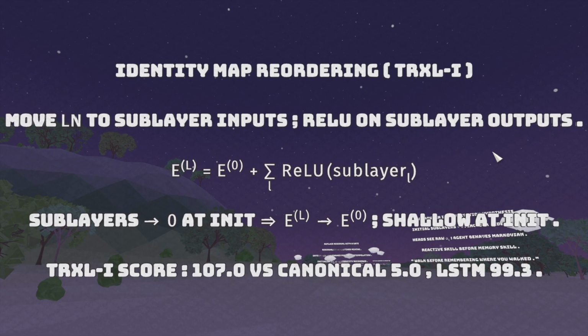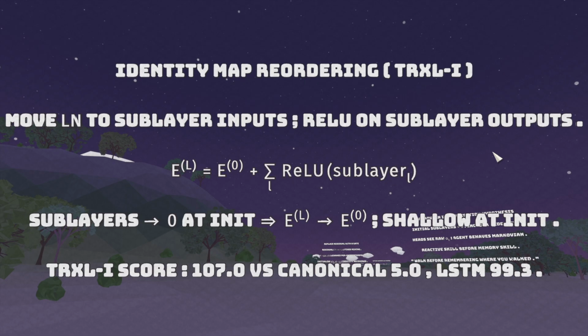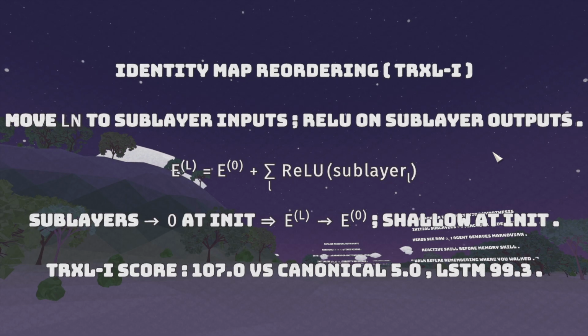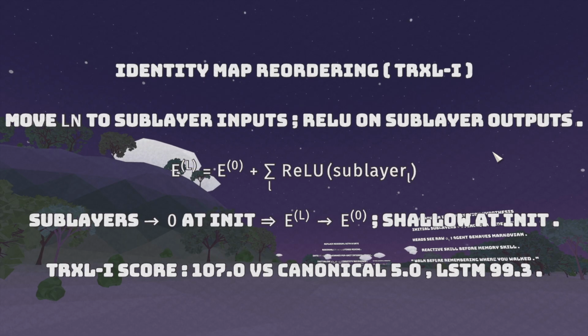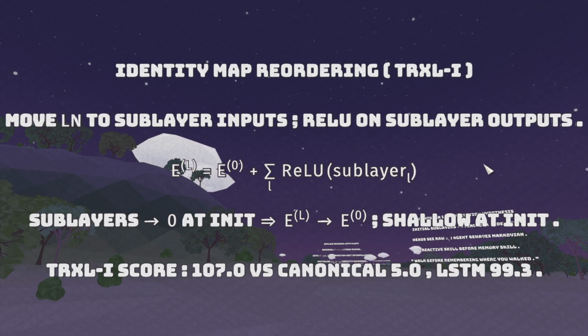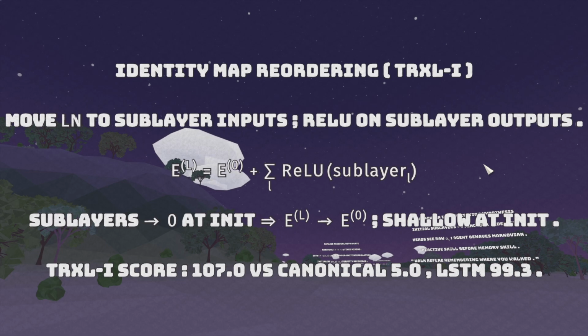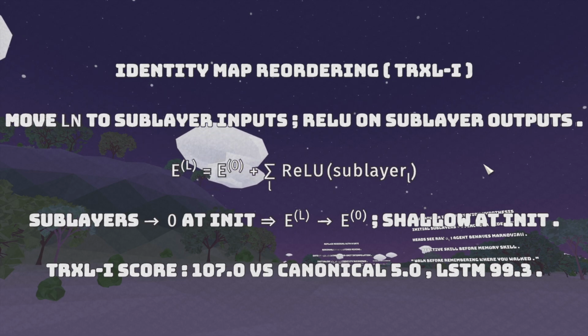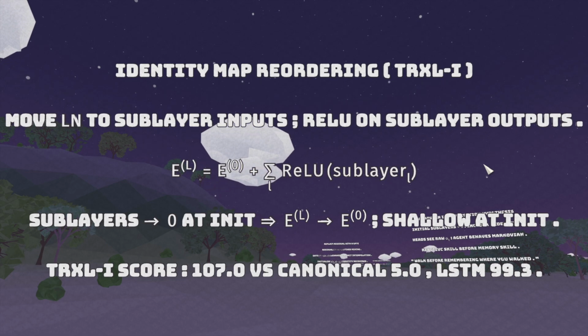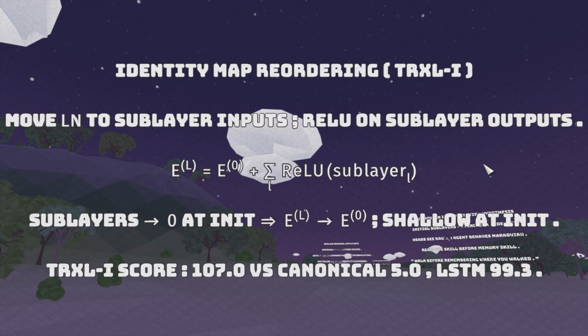With the sublayer projection matrices initialized small, these outputs are near 0, so the deep network behaves just like a shallow one at initialization, which is what we wanted, and it deepens gradually as each sublayer contribution grows, solving the problem. The ReLU unit on the sublayer output keeps the additive contribution non-negative, which means that the residual stream cannot have unbounded negative drift through the depth of the network.